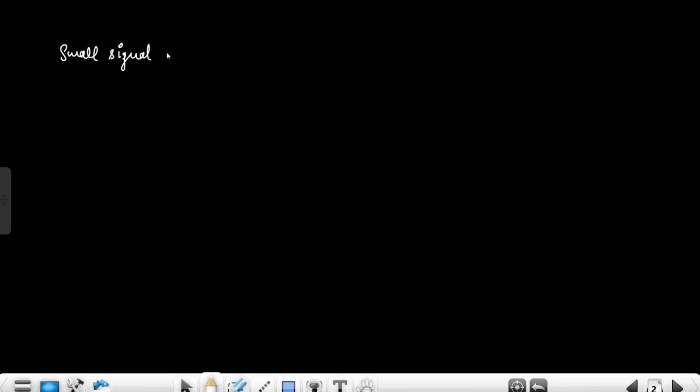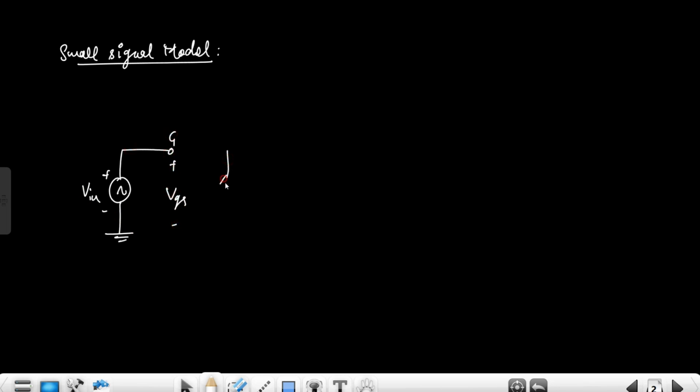of the common drain amplifier. The input is connected between the gate and the ground terminal, and this is the VGS, and here this is GM VGS and the source.